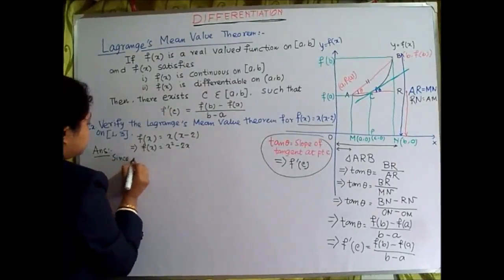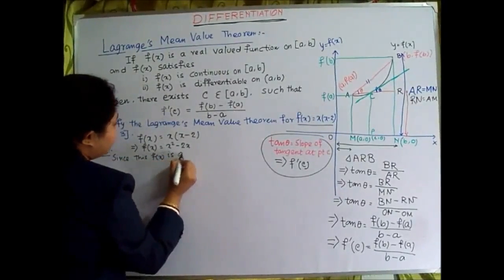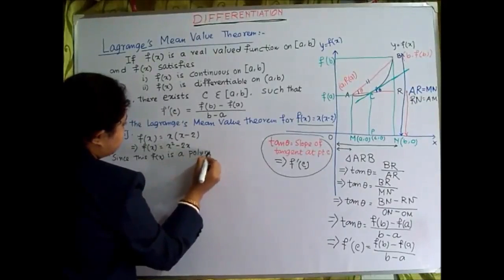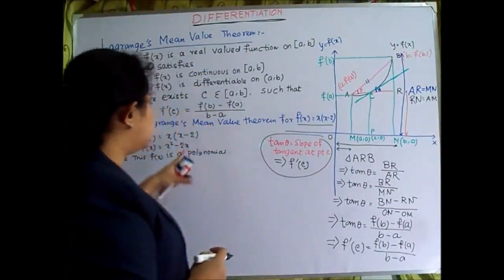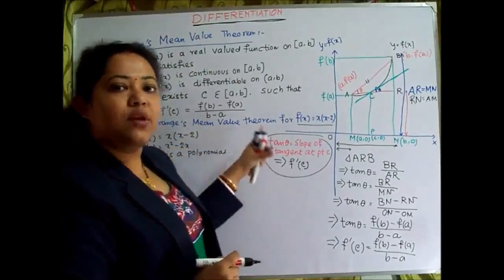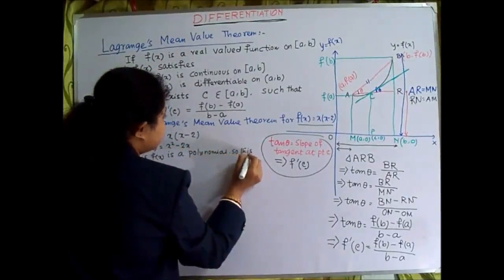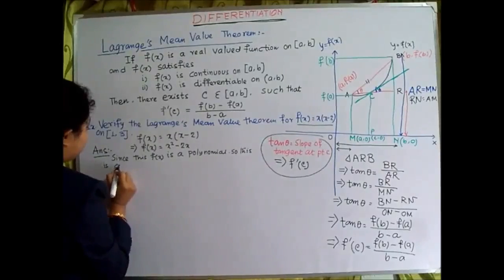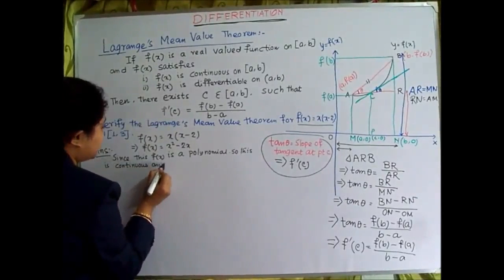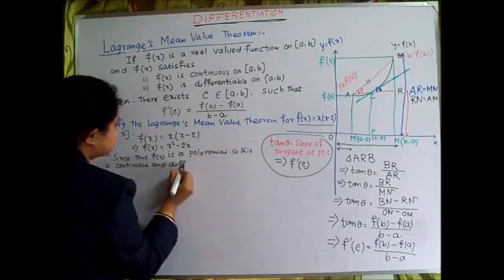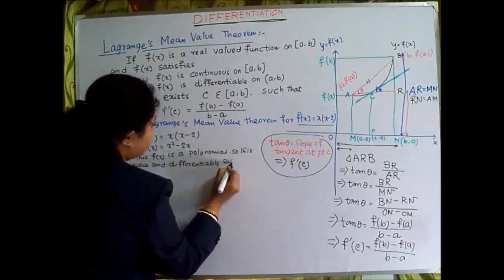Since this Fx is a polynomial, from the polynomial property we can say that this is continuous and differentiable everywhere.